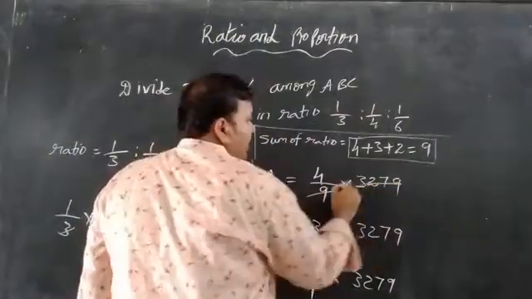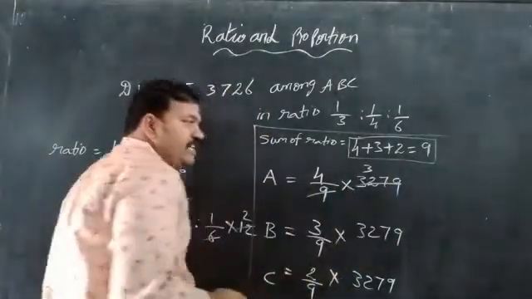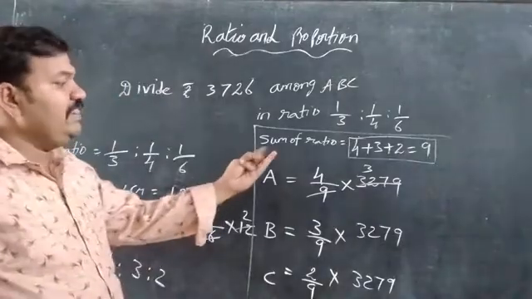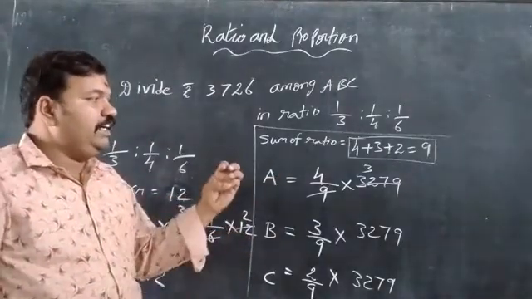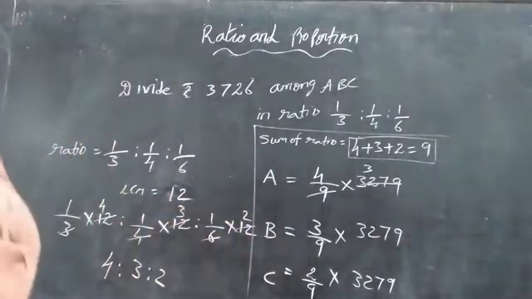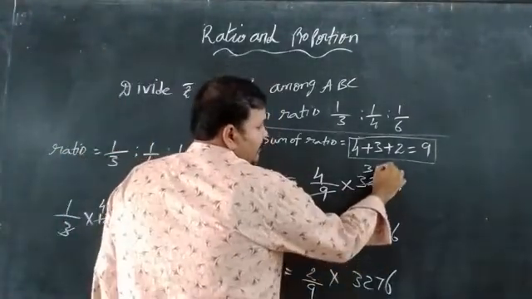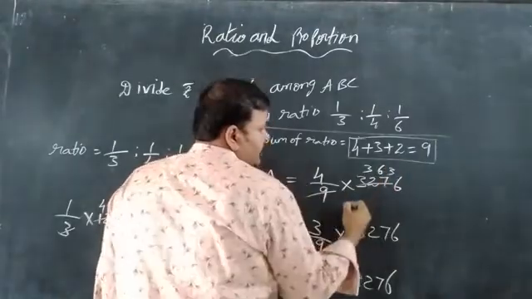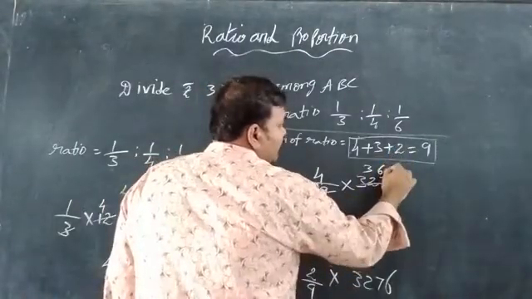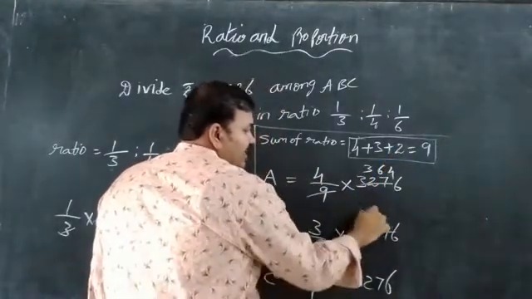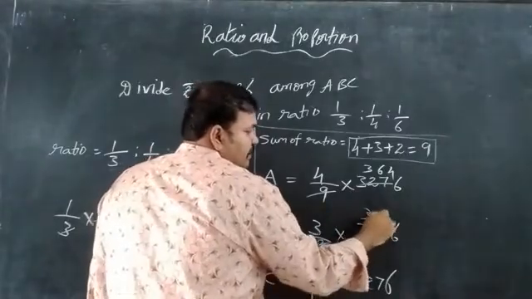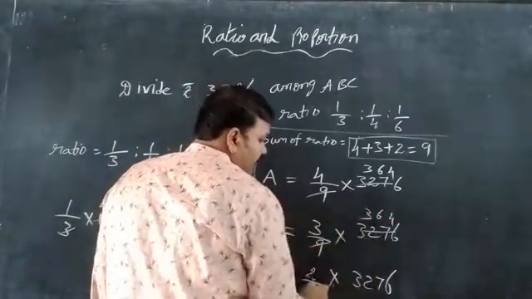Cancellation with the 9 table: 9 3s are 27, 28, 29, 30, 31, 32. So cancellation is 3 times, 6 times, 3 times. Then 3 4s are 12, 9 4s are 36, and again cancellation 3 times; 54 is 6 times, 4 times.